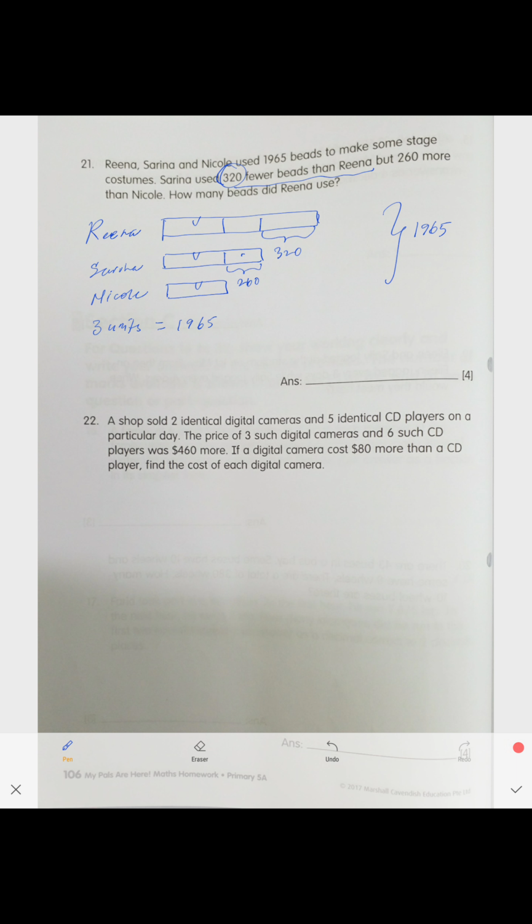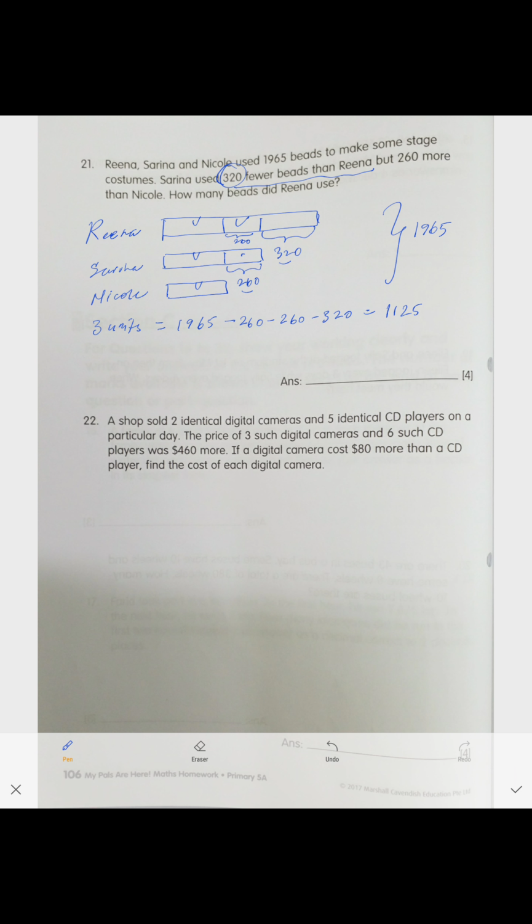So again we have our 3 units. And we have this bar of 260, and this is 260, and this is 320. So our 3 units is 1965 minus 260 minus 260 minus 320. So do your math, and that's going to be 1125.